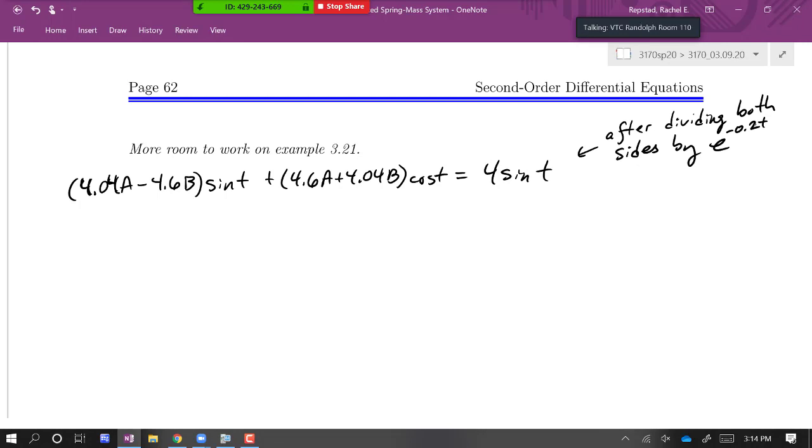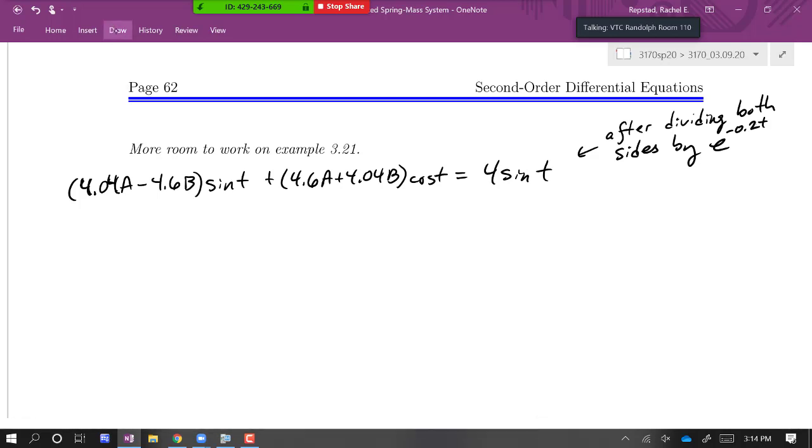All right, what does this get us? What's something we can say for sure? 4.04a minus 4.6b equals 4.